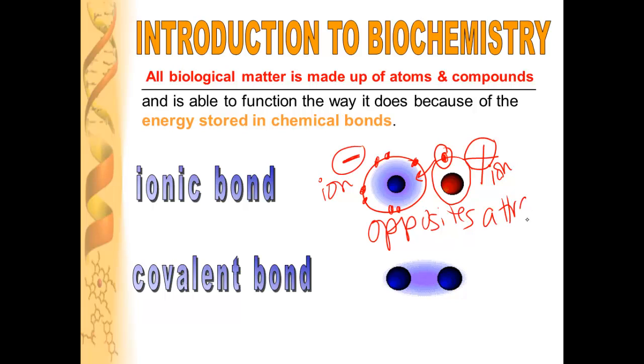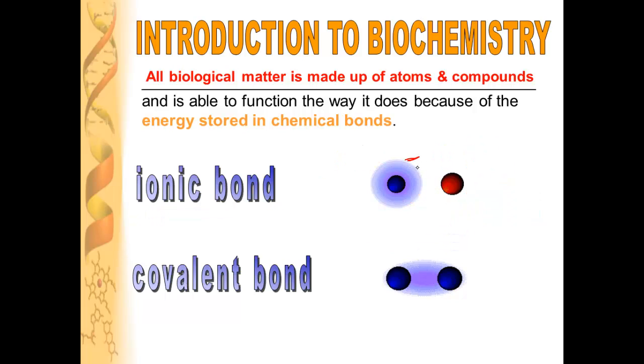That is what holds ions together to form a bond. So the negative nonmetal and the positive metal ions are attracted to each other and form this ionic bond. And ionic bonds are quite weak when we compare them to the next type of bond.